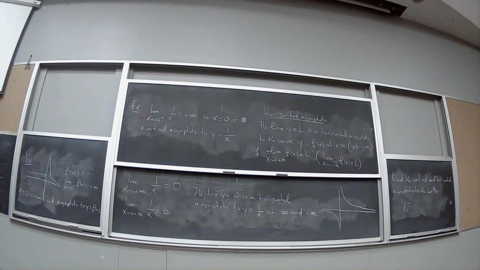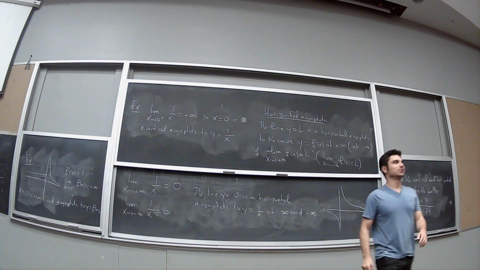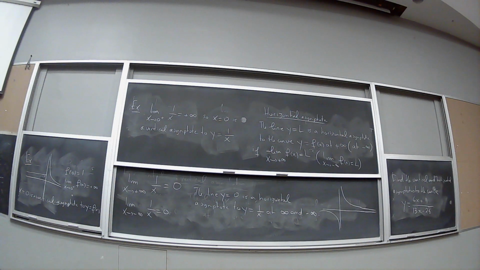Someone else? Yep, 11. 6x plus 11. Someone else? Yep, 3. And you? 13. I'll have to make a choice. You have a 3 here, so I'll put 13. We have 1 and 3. I'll just choose nice numbers for simplicity.